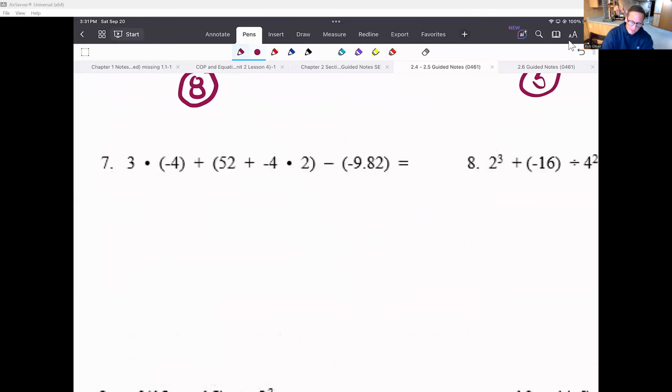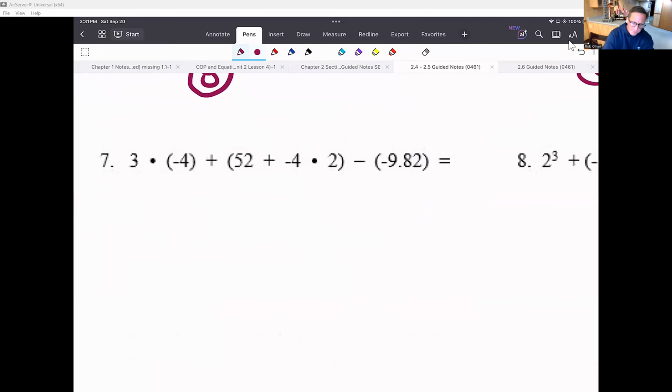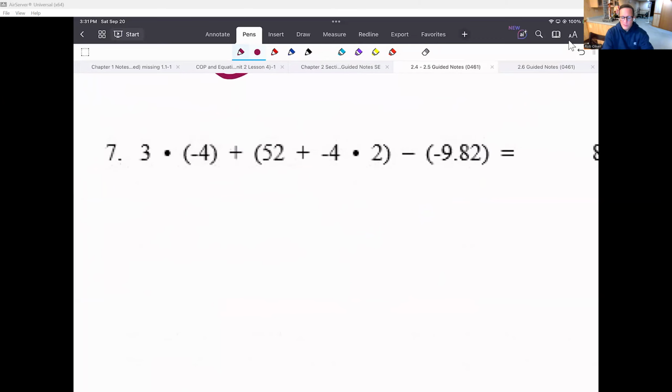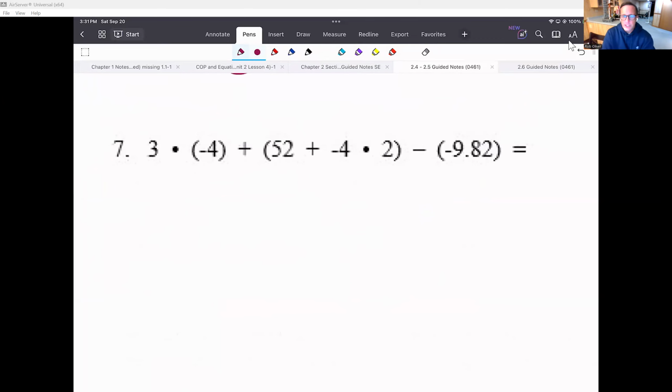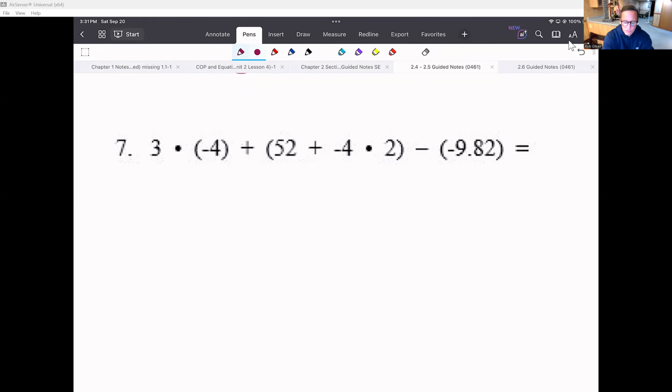These are getting a little bit longer as we go along. Now, I think this is worth a little bit of mention here. You hear a lot, especially with order of operations, that parentheses need to be worked out first. But sometimes parentheses throw people off. Like right here, the parentheses around negative 4 really don't mean much of anything, other than emphasizing the fact that 4 is negative.